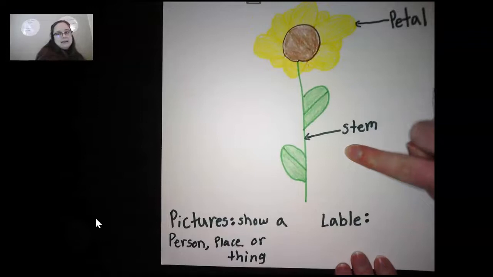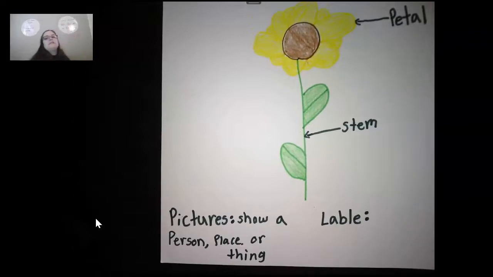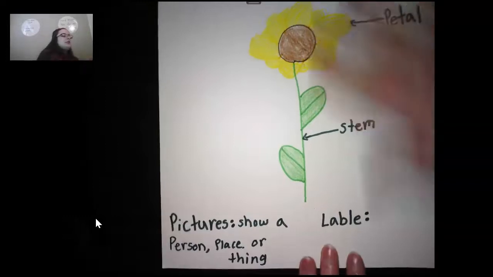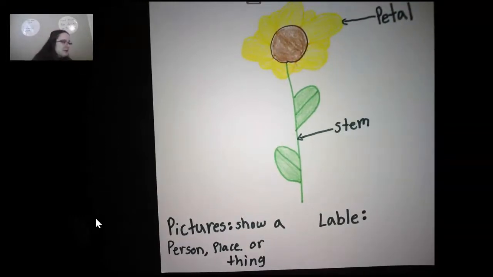So my example diagram is supposed to be a sunflower. And so you can see the picture of the sunflower, so we can easily tell, okay, that's a flower.